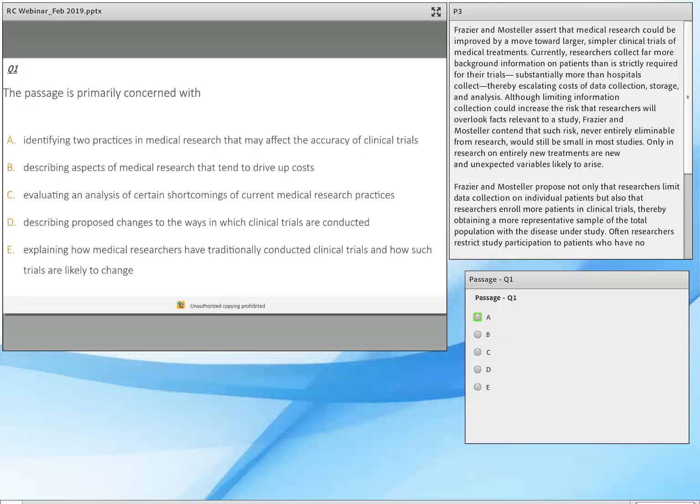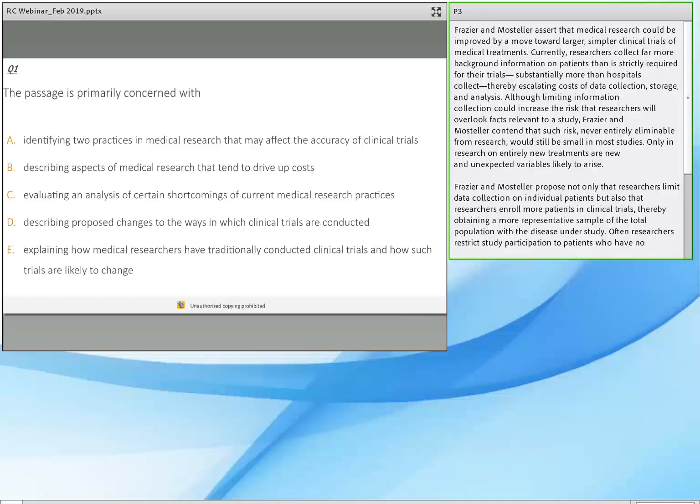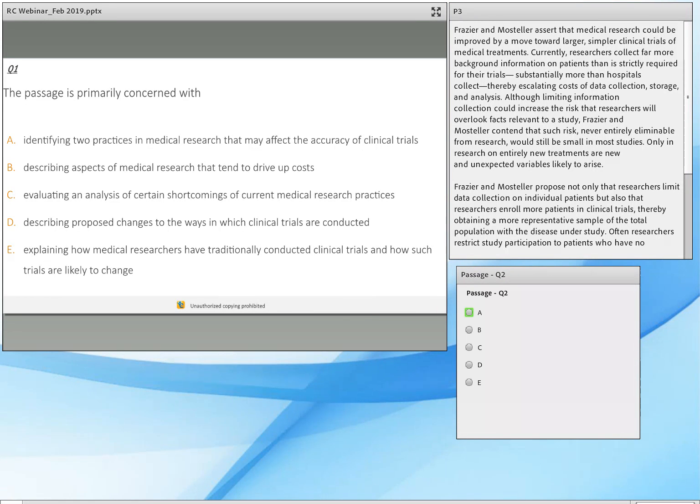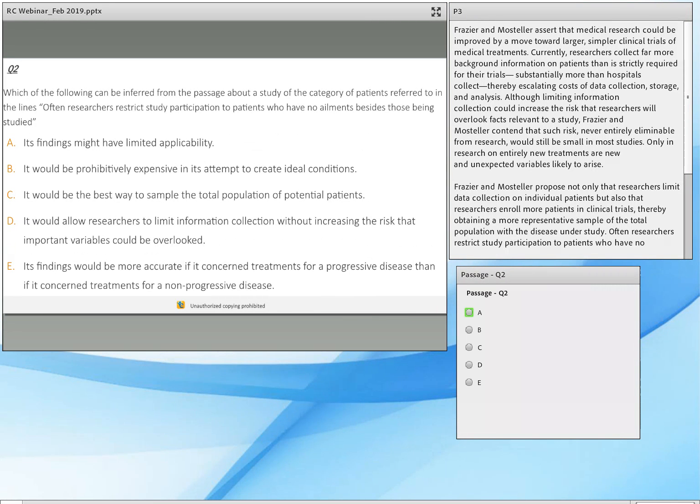That's wonderful. Let me move question 1 away. I'm going to end the poll. Hide this. You have question 2. The poll's over here. And I'm going to show the question here. Here's question 2 for you.